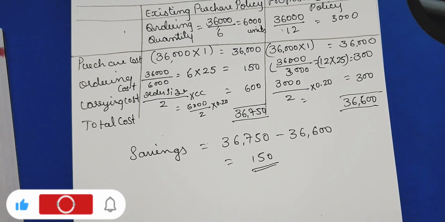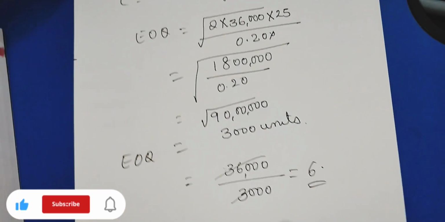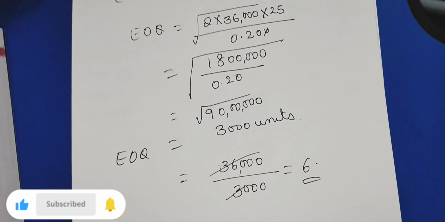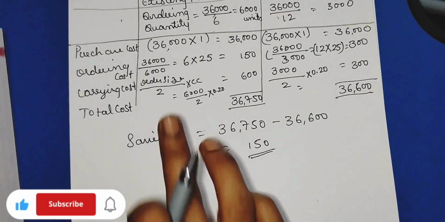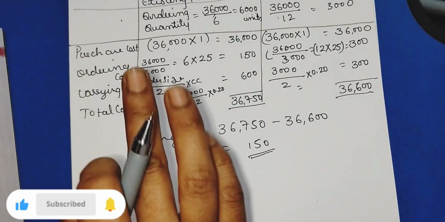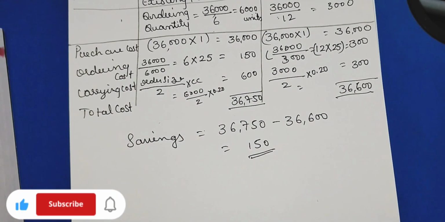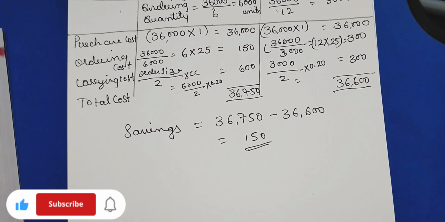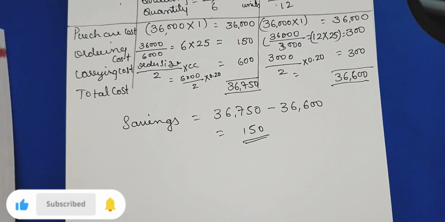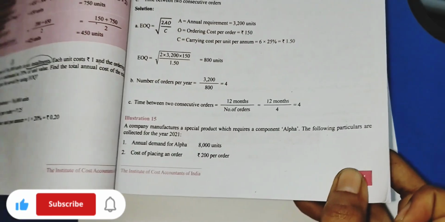Is it clear? So first we have calculated the EOQ for the annual consumption 36,000, and as per the company's existing policy, we have calculated the total cost, right? Yes. Now let us solve one more question. The question is here.